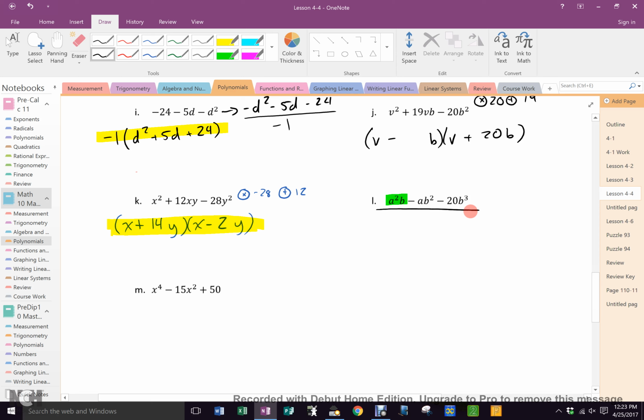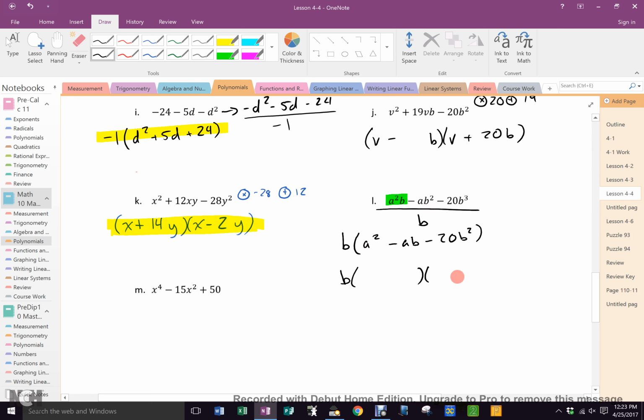So if I divide by b, does that go into everything? So what goes on the outside of the brackets? B, what stays in the brackets? A squared minus AB minus 20b squared.